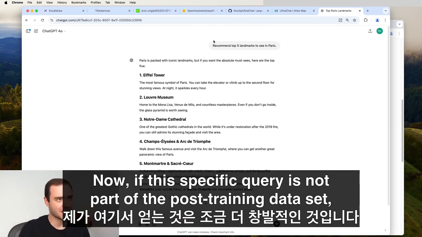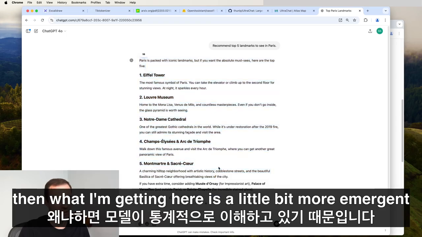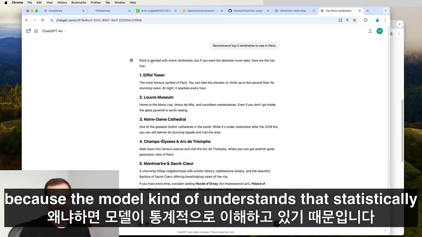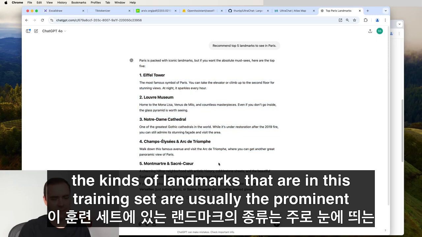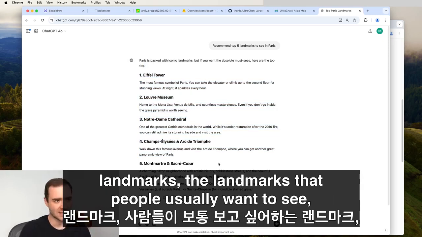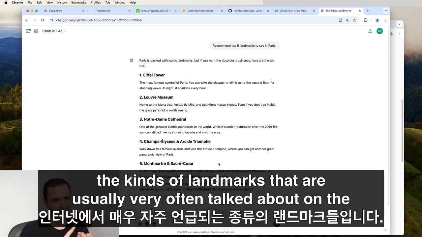Now, if this specific query is not part of the post-training dataset, then what I'm getting here is a little bit more emergent, because the model understands that statistically, the landmarks in its training set are usually the prominent landmarks, the ones that people usually want to see, the ones very often talked about on the internet.